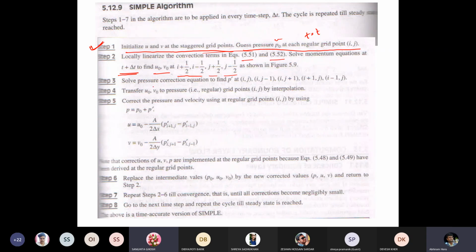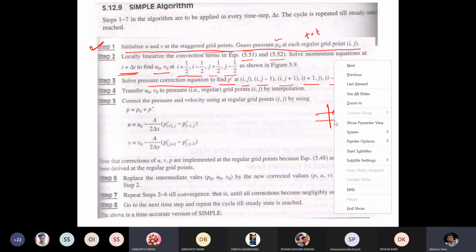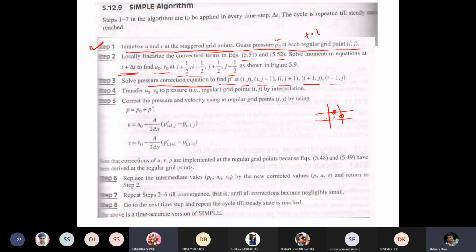Now you solve the pressure correction equation to find p dot at ij, ij minus 1, ij plus 1, i plus 1 j, i minus 1 j. So all the surrounding points you get the p dot pressure correction value. If I consider only one cell here, this is the ij point, and after initializing you get the value of u and v at these points at t plus delta t, and then you find out the pressure correction term in the surrounding cells.